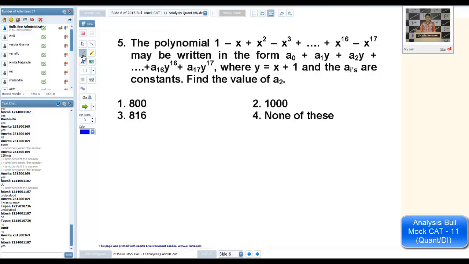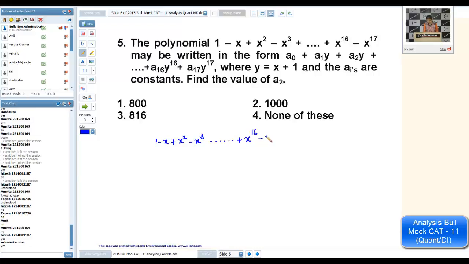The polynomial 1 minus x plus x square minus x cube and so on up to x to the power 17 may be written in the form a naught plus a1y plus a2y square and so on up to a17y raised to power 17, where y is equal to x plus 1.